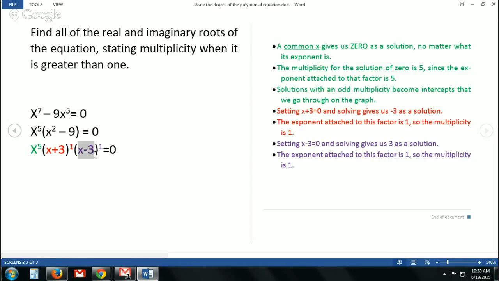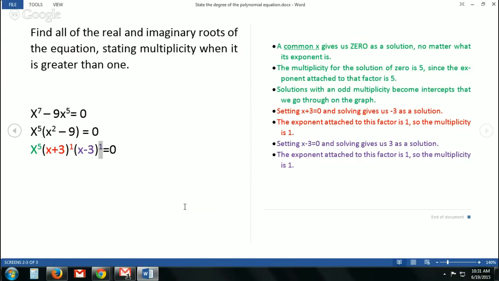Then our last factor, x minus 3. If you set x minus 3 equal to 0 and solve, you would get 3 as a solution. What's the attached exponent? 1 is the attached exponent, so the solution of 3 has a multiplicity of 1.